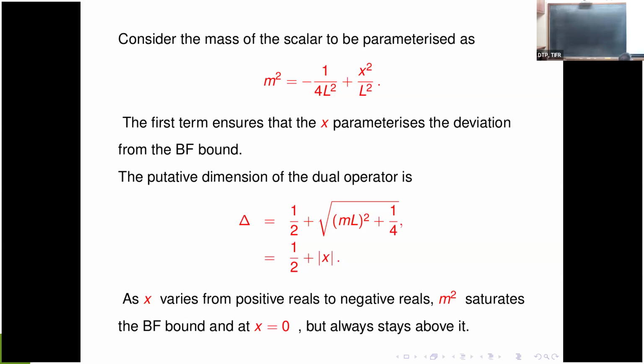But what is x? X is just the deviation from that. On this slide, everything depends only on mod x. Because of the fact that it depends on mod x, derivatives will have difficulty, discontinuities.